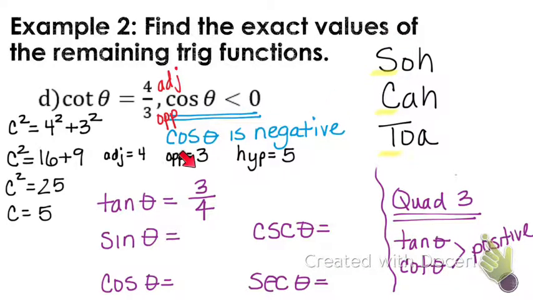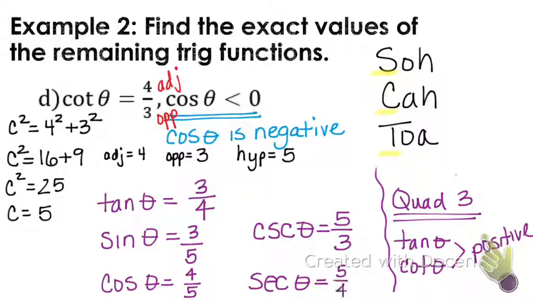So opposite is 3, hypotenuse is 5. And then the cosecant is the reciprocal of that, so that becomes 5 over 3. Cosine is adjacent over hypotenuse. Adjacent is 4, hypotenuse is 5. And then secant is the reciprocal of that.